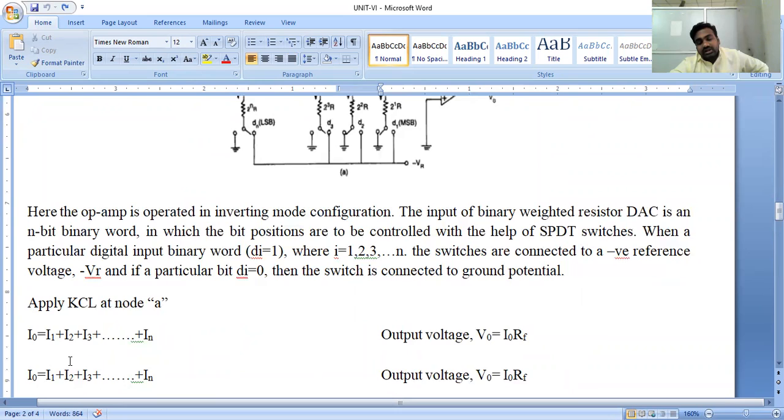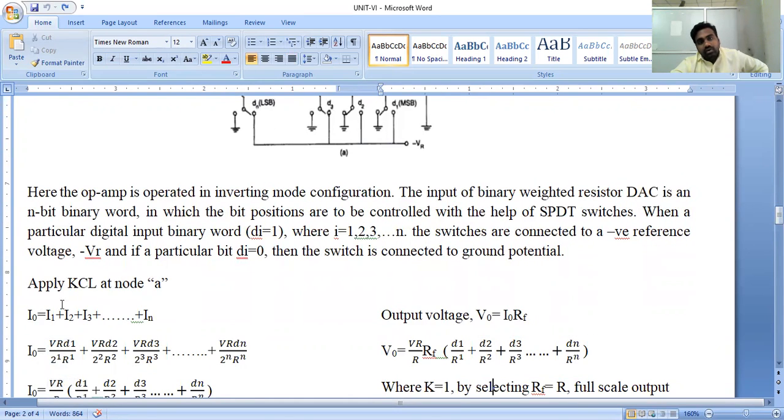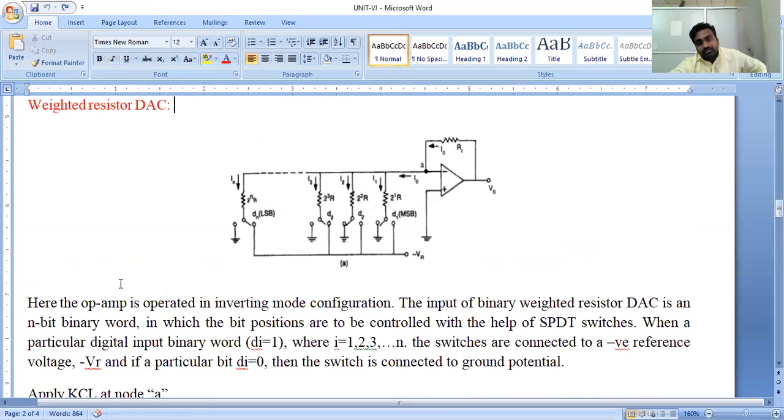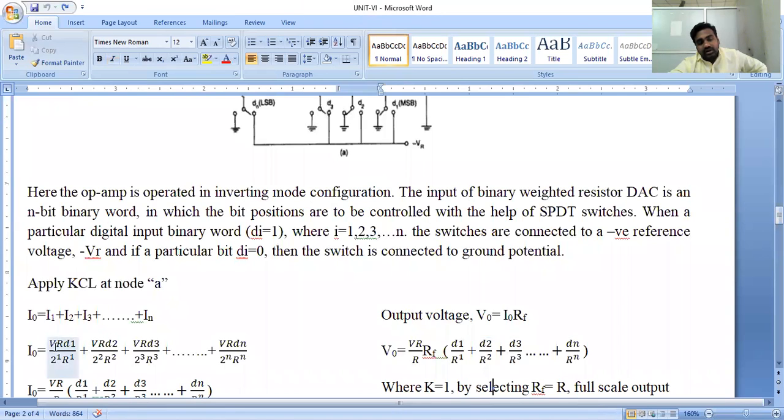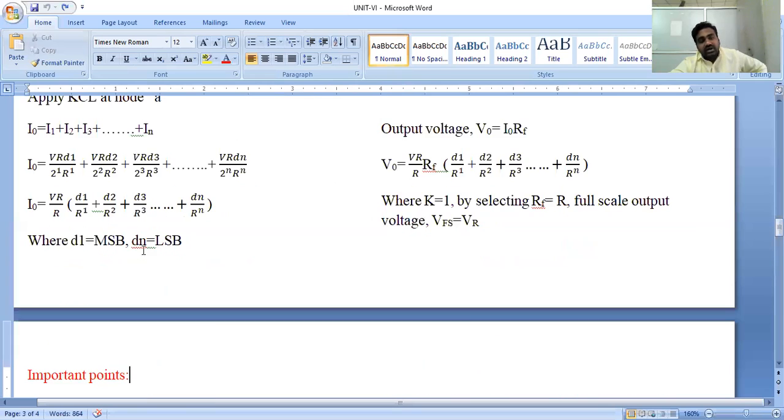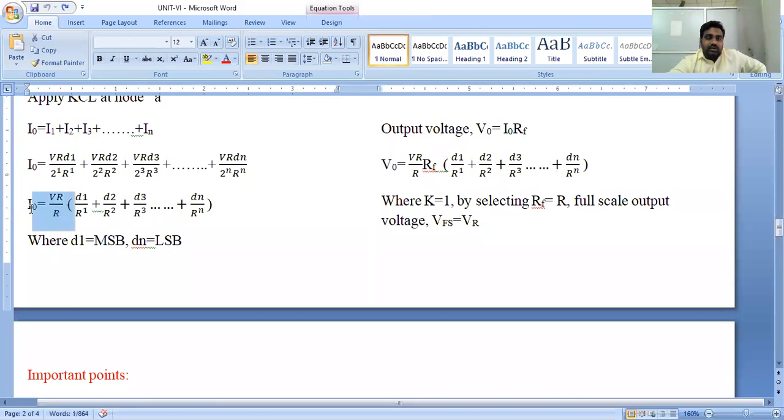So this is nothing but the current path. What is the current division rule in the resistance? I1 is nothing but V1 divided by R into D1. So this is nothing but the current division rule. Later we simplify the current division rule with the MSBs and LSBs aside.